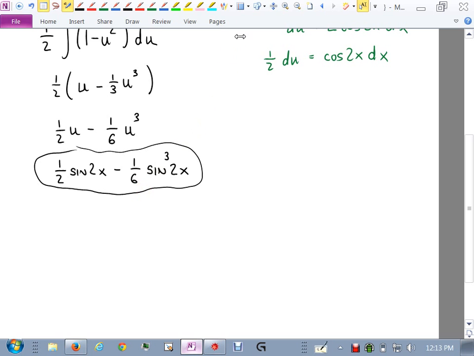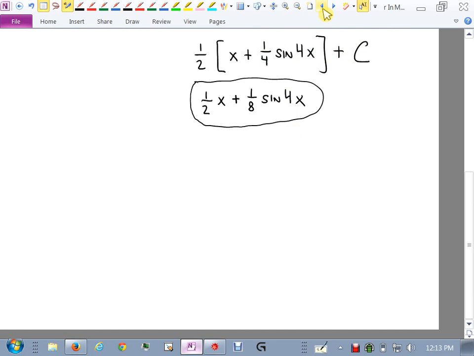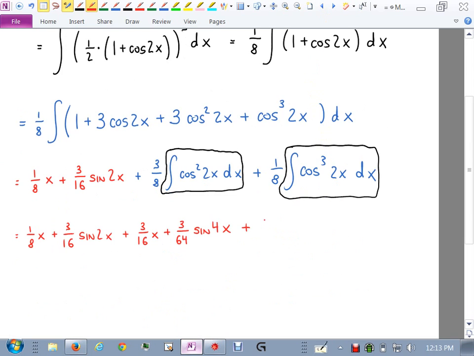Yes? And there's a minus. So we get plus 1/16. Well, 1/16 what? Sine 2x. Sine cubed 2x. Plus a constant of integration.